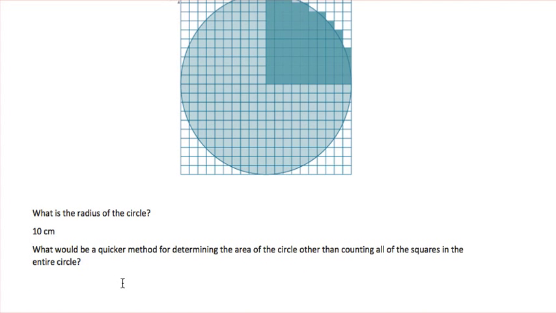A quicker method for determining the area of the circle, other than counting all of the squares in the entire circle, would be to use the formula we just determined up above, which was area equals pi times radius squared.